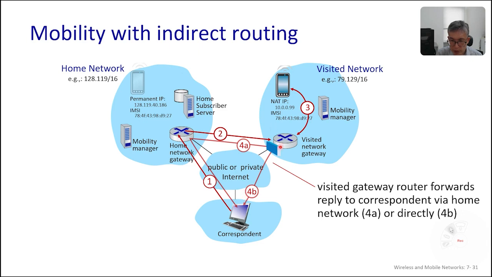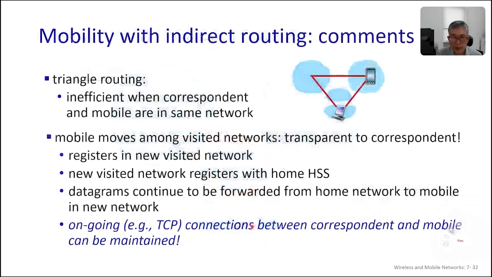This step is called indirect routing, and from the visited network gateway to the correspondent node is called direct routing. This is better in terms of delay optimization. In the previous indirect case, you can see the reply message going to the home network gateway and the correspondent.